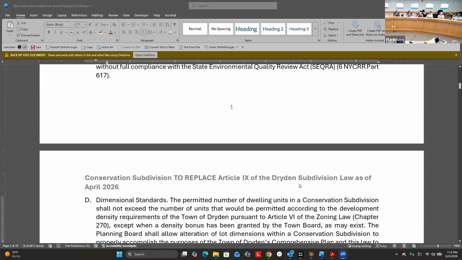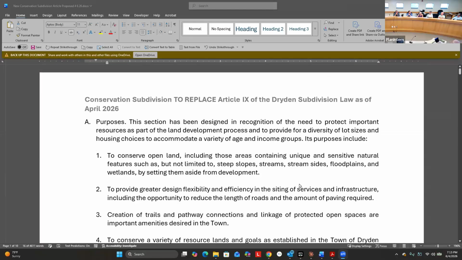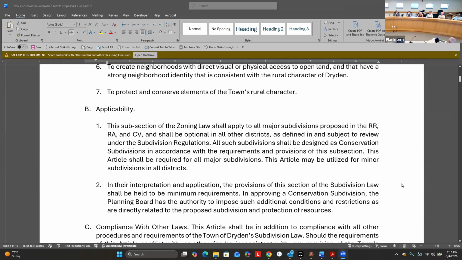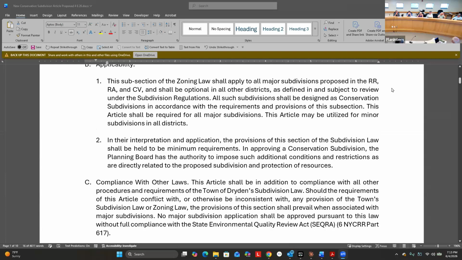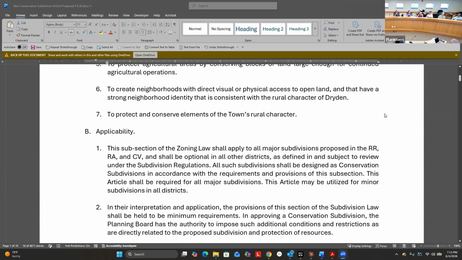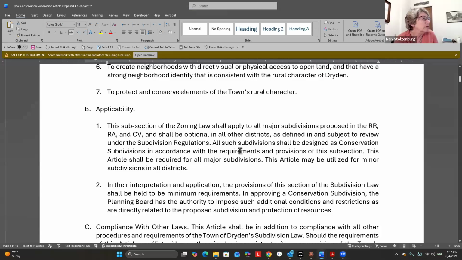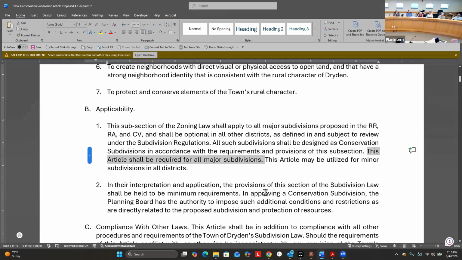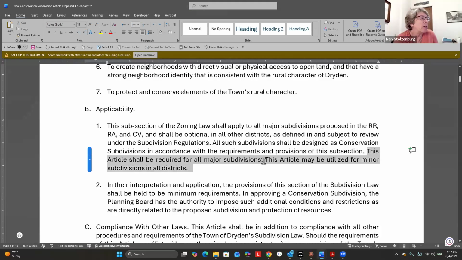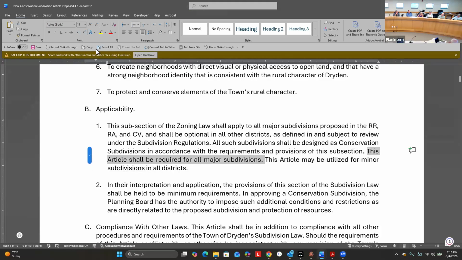While Nan's got that up, can we deal with a couple of picky editorial things? Under applicability, the second to last sentence appears to be contradicting the first sentence. This one? Yep, it says this article shall be required for all major subdivisions, whereas in the beginning we say it applies to all major subdivisions. I think this one could come out. It's duplicative. Take that out.